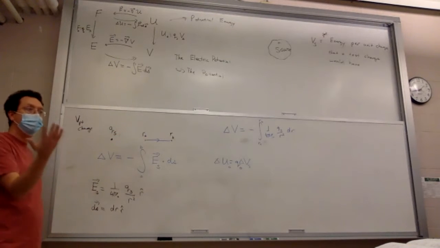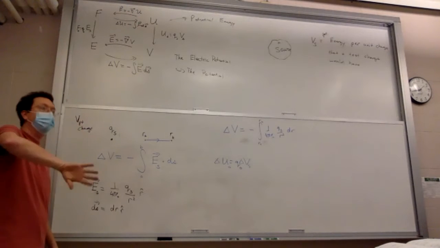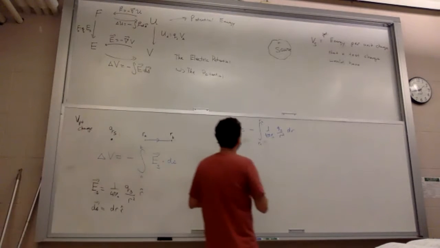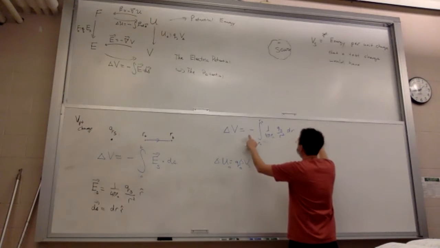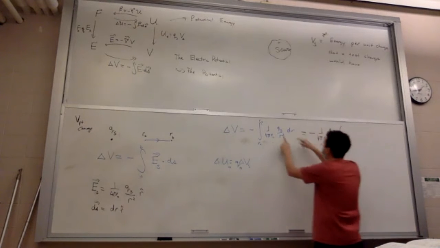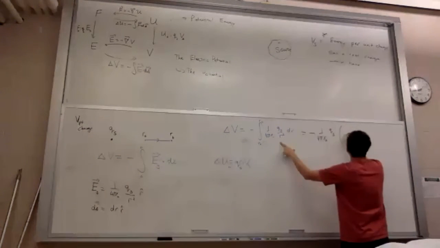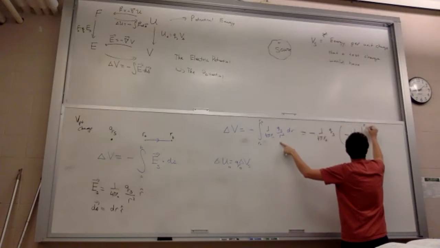I add 1 to it, so I end up with a -1 power. I have to divide by -1. Okay, those are all the minus signs. So I'm going to get minus 1 over 4 pi epsilon naught qs times this integral. I get minus 1 over r evaluated from RA to RB.